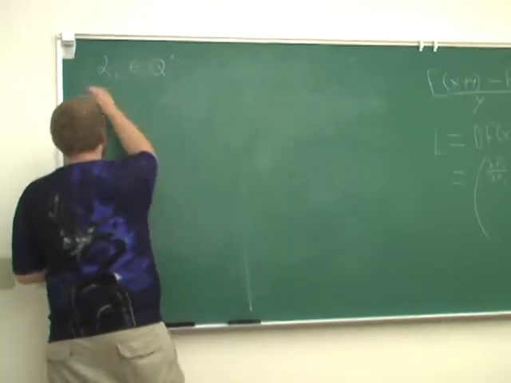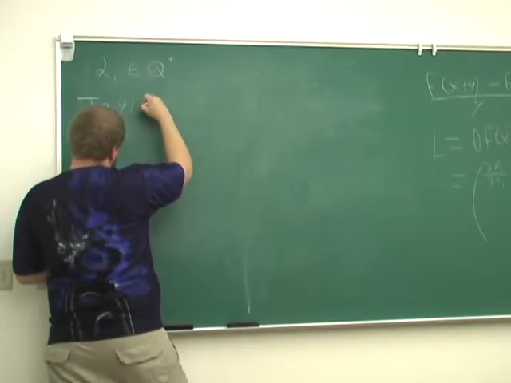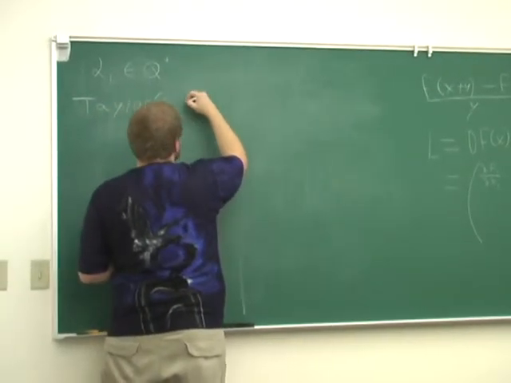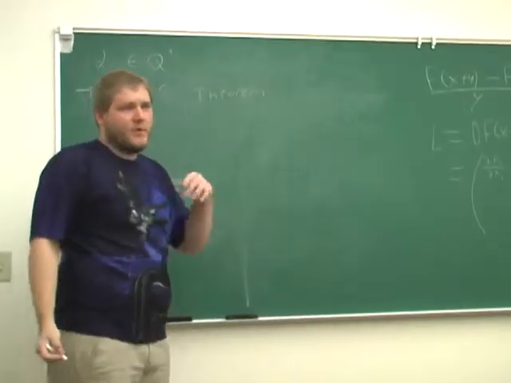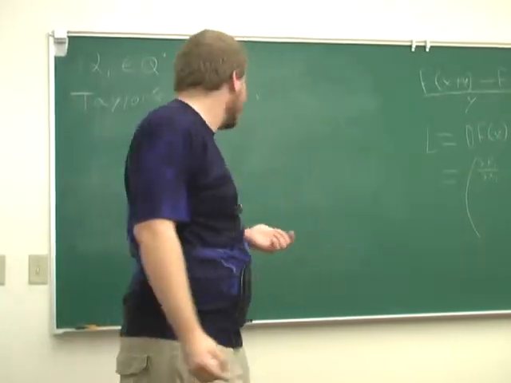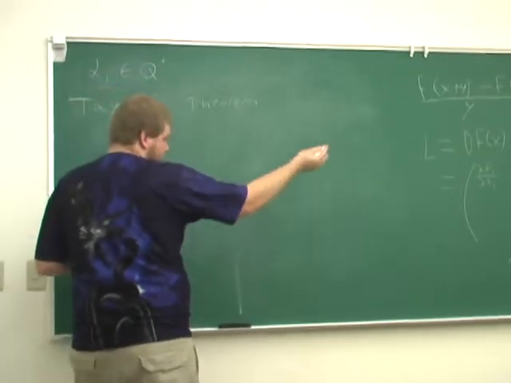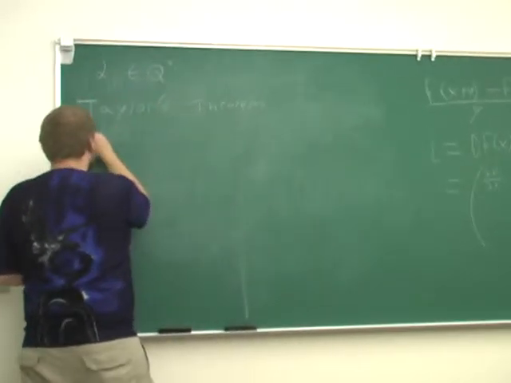So we'll talk about Taylor's theorem. This is, of course, the multivariable Taylor's theorem. We defined f as we have before, a map from an open subset of Rn to Rn. And we can just write down in this multi-index notation something like this.